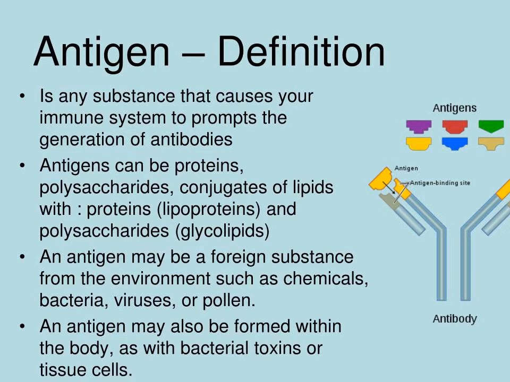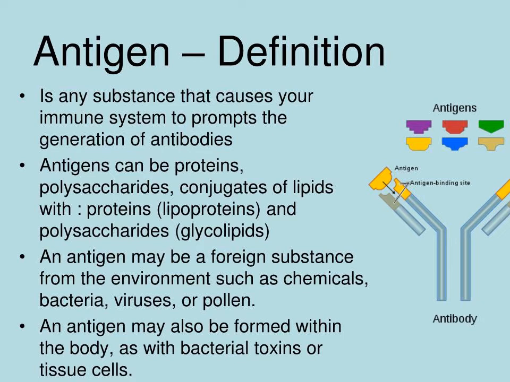These antigens can be in simple form, simple molecules such as simple proteins, carbohydrates, or complex like polysaccharides, lipoproteins, a junction between protein and lipid, glycoproteins, a junction between protein and carbohydrate, complex ones. Or an antigen may be a foreign substance from the environment like chemicals, bacteria, viruses, or pollen, that can be soluble in blood.